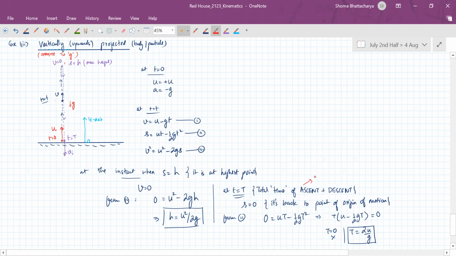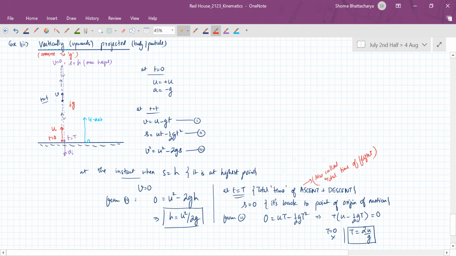But this is also called the total time of flight. Basically, it means the total time taken to go up and then come back, that is, the ascent plus the descent till it's back at the starting point.